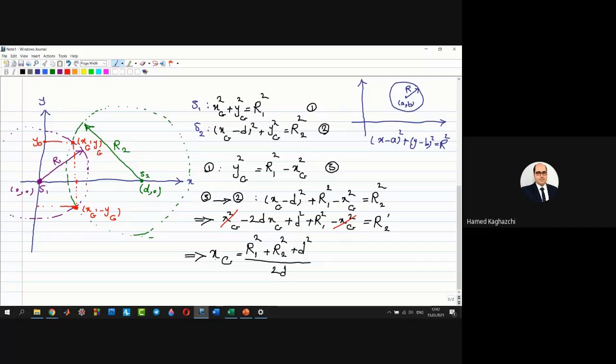I could find my xg, only the x position.